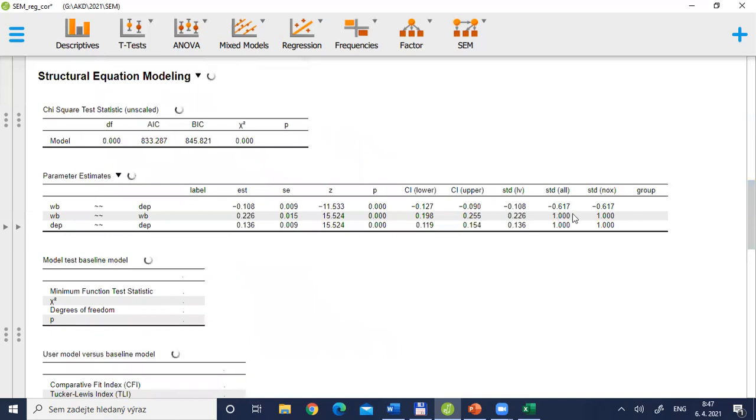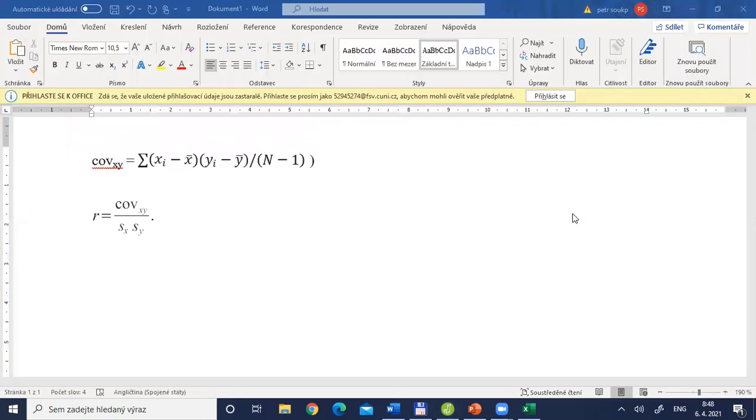We should recognize that for structural equation modeling, correlation is called standardized parameter, standardized covariance. Before we go further, I would like to repeat only basic formulas that can be useful for better interpretation and understanding of structural equation models. So here I have two well-known formulas from classical statistics.